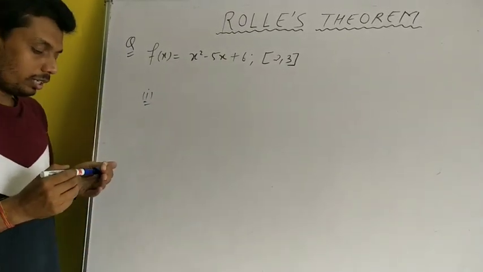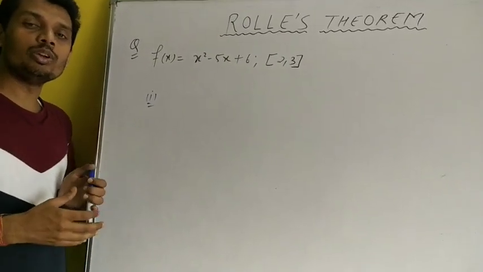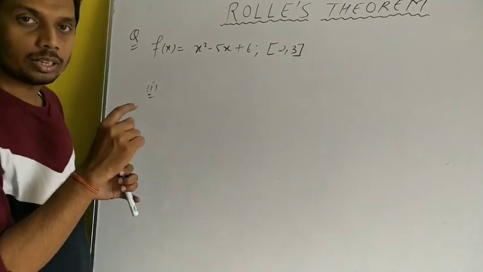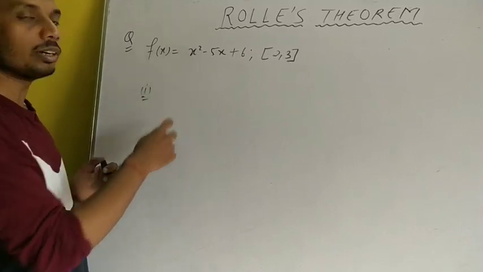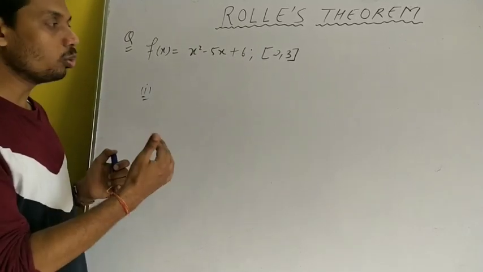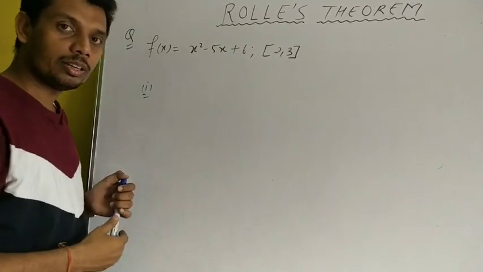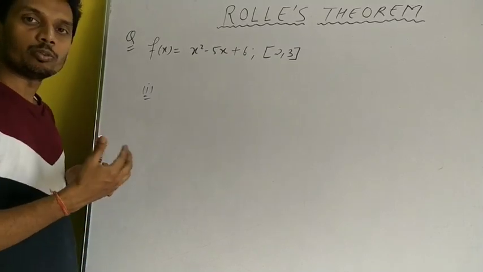When I was explaining the topic of continuity and differentiability, I explained that all polynomial functions are continuous. So there is no need to prove that the function is continuous. How do we express it?